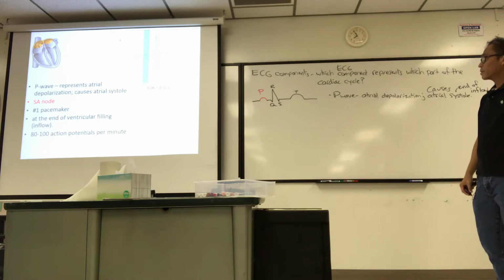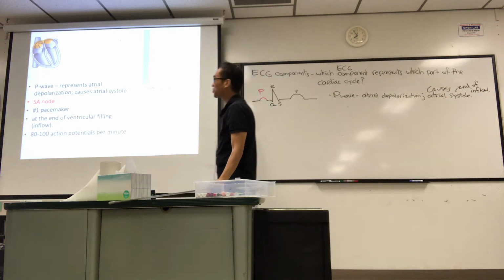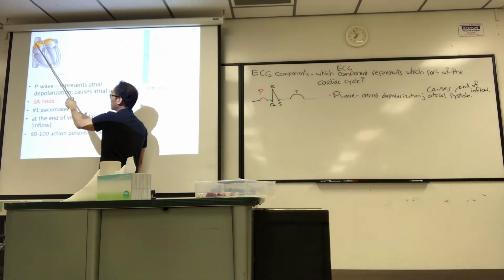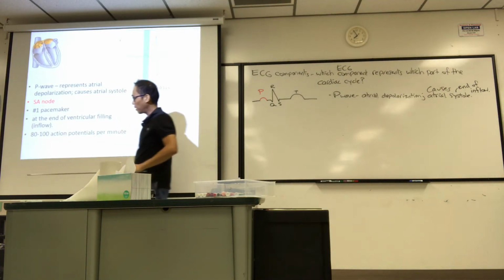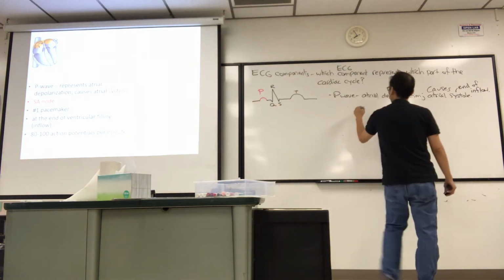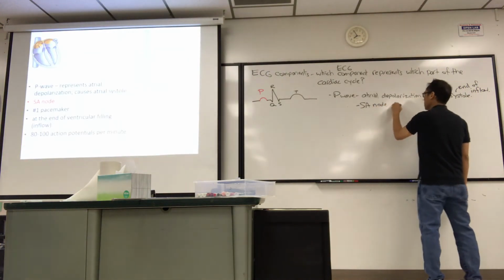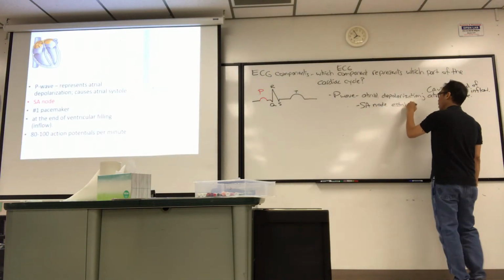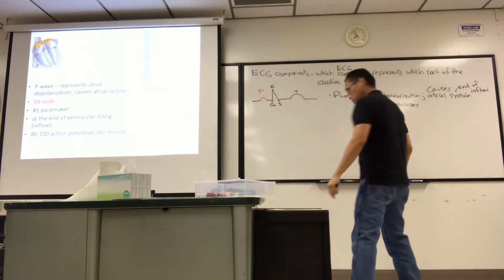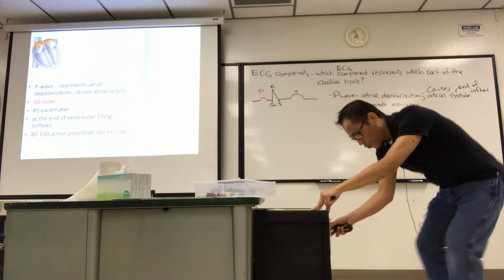So anyways, the SA node, that's what we're talking about here. On the picture there, the yellow represents the signal spread, and it starts at the SA node. That's your number one pacemaker. The SA node establishes your normal sinus rhythm.